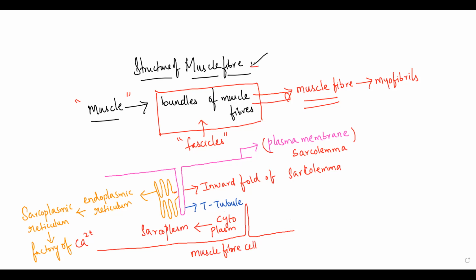Actually, a muscle fiber is a fusion of many muscle cells. So now what happens? There will be multiple nuclei, right? Because they are a fusion. So there will be a large number of nuclei. This situation is called multinucleated, right? Multinucleated.